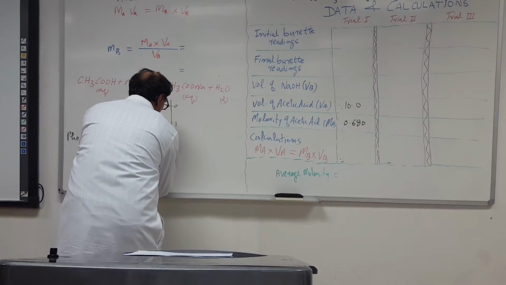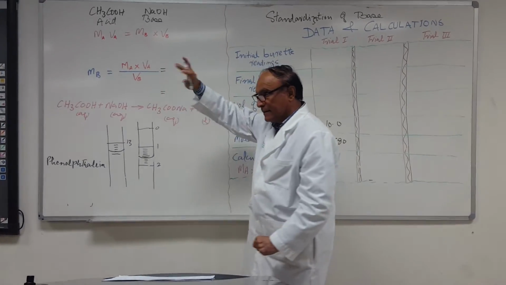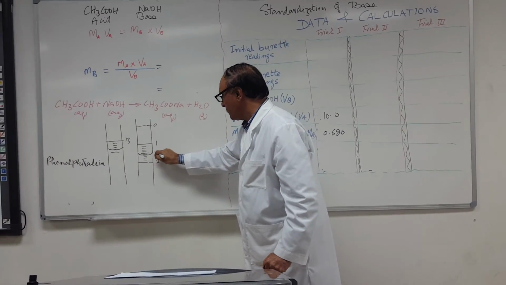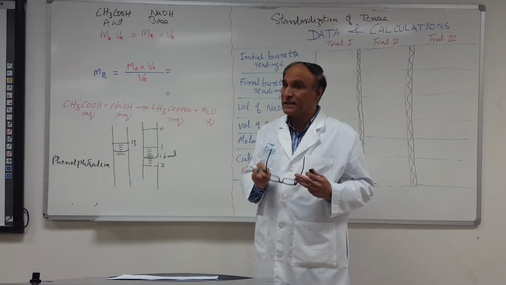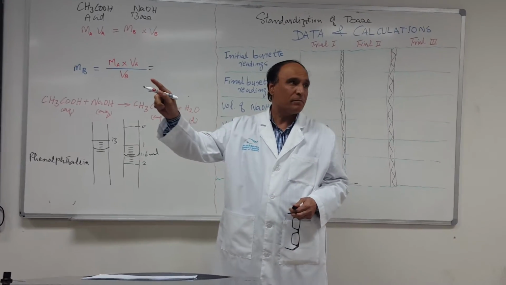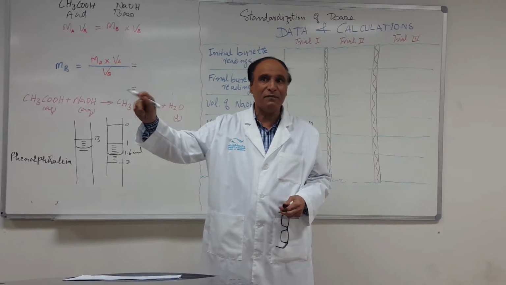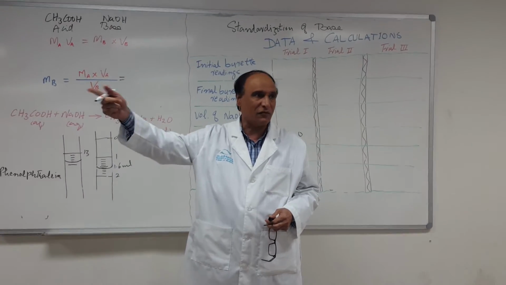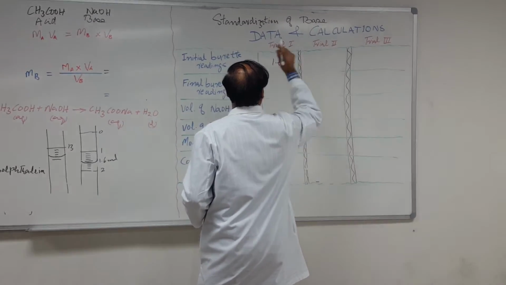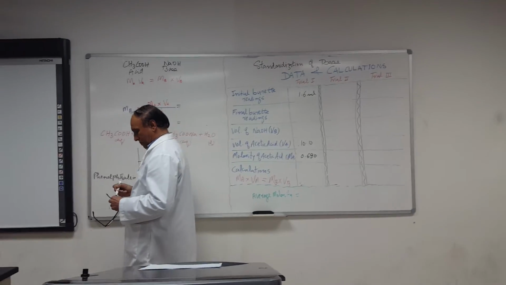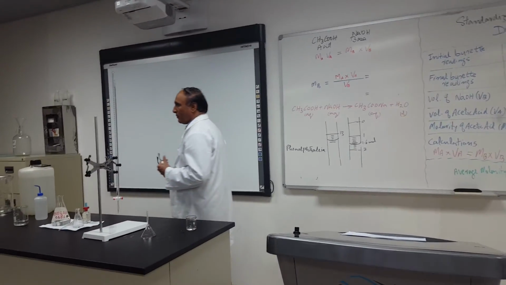Meniscus, like this. So this is 1.6. Did you understand? Yes. This is my initial reading. Initial means from where I start. I will start from here, and this is 1.6 milli. 1.6 milli. Okay, boys?